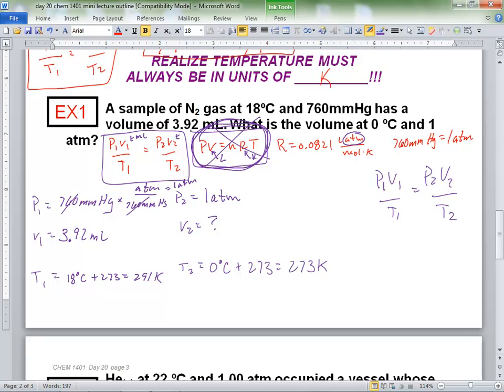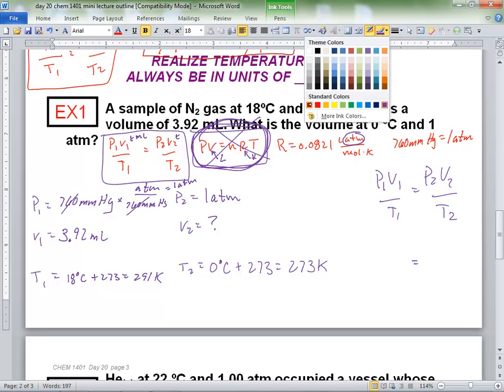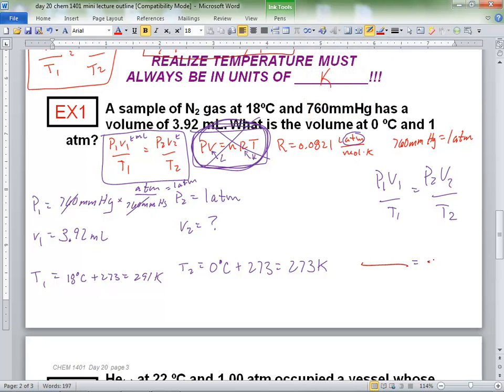Plug everything in and see how this works. P1 is 1. V1 is 3.92. T1 is 291. That has to equal P2, which is 1. V2, which is all we're solving for, and T2, which is 273.